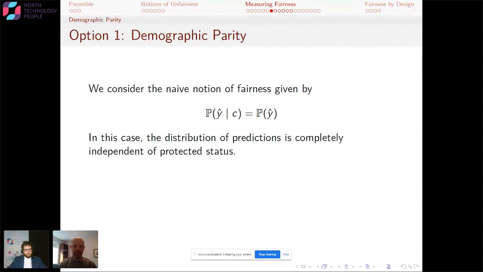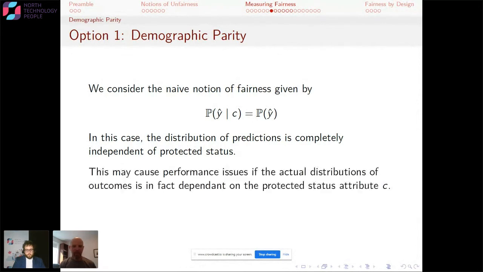Okay, so let's start with how we measure fairness, and what that means. Probably the most naive but most straightforward definition is that our output, our prediction from the model, is completely independent of membership in the protected group.